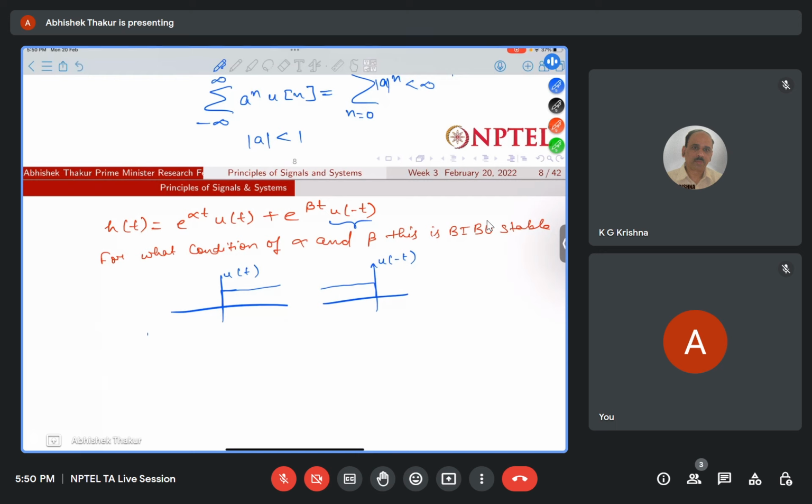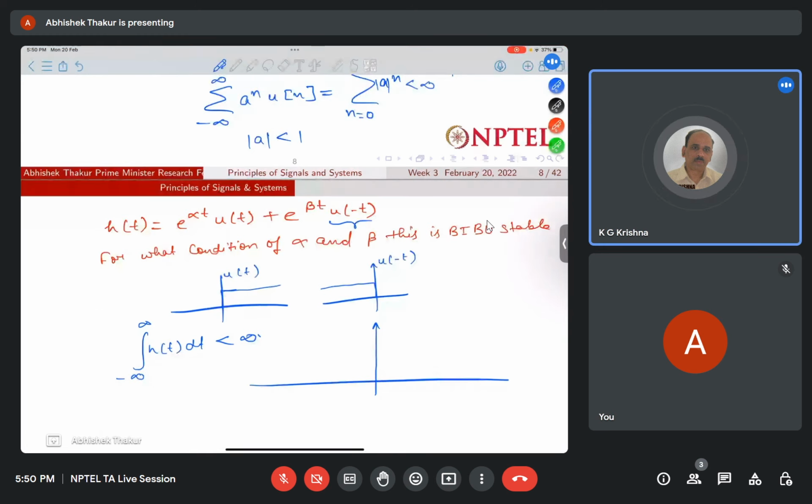Now we have to prove the integral of |h(t)| dt, from minus infinity to infinity, is less than infinity. So when we plot this, for positive values of t, our e to the power alpha t should be converging.